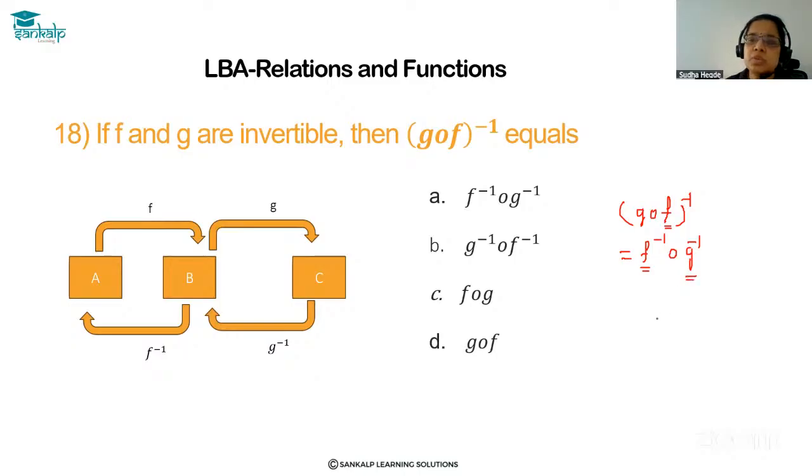So (g composition f) inverse is equal to f inverse composition g inverse. So check the options. Option A, f inverse composition g inverse, is the correct answer. Remember the result, very important result. Okay, thank you.